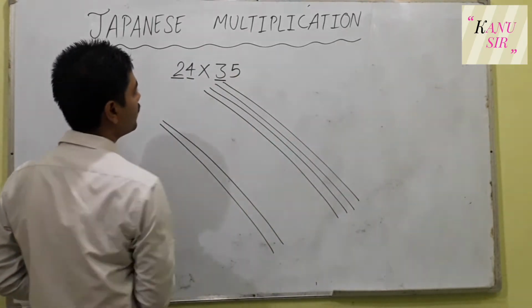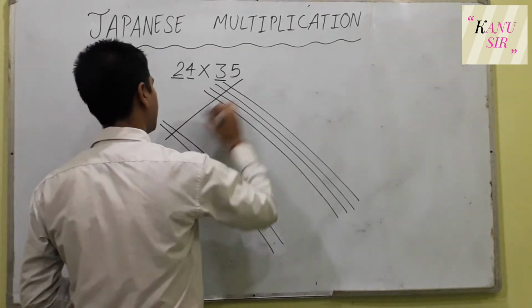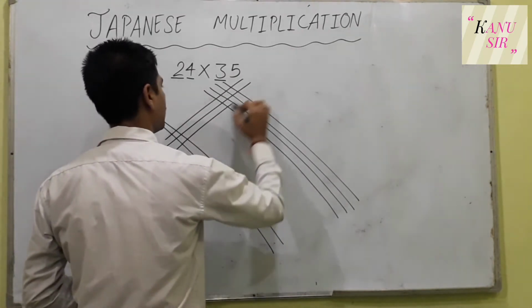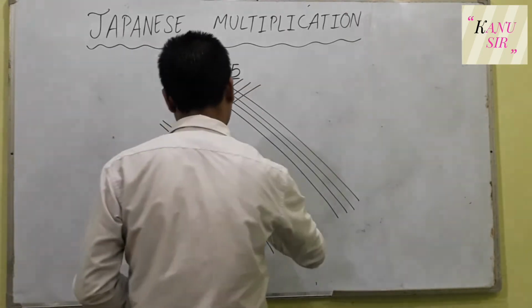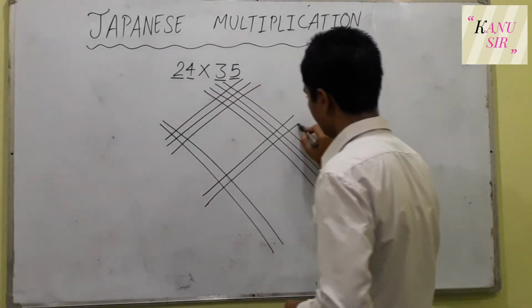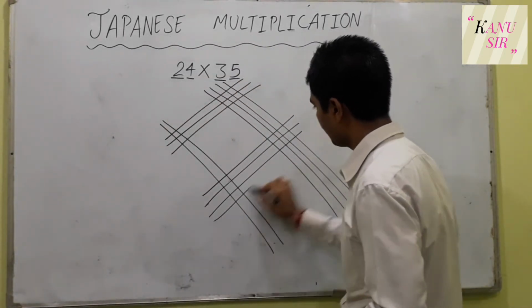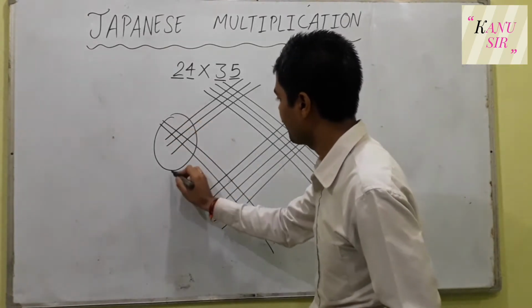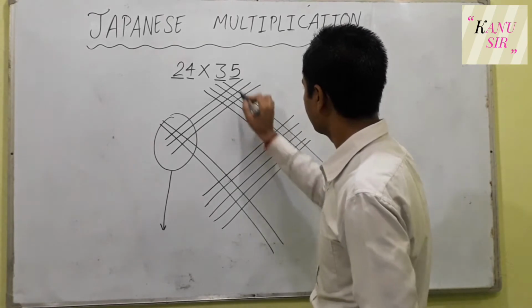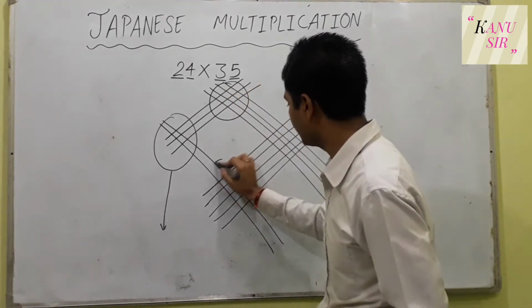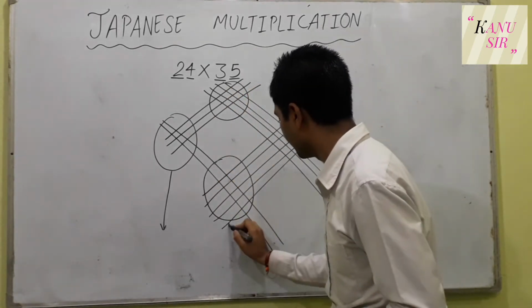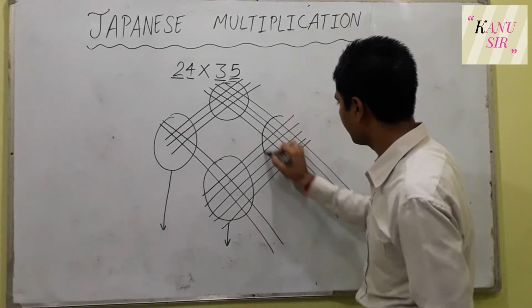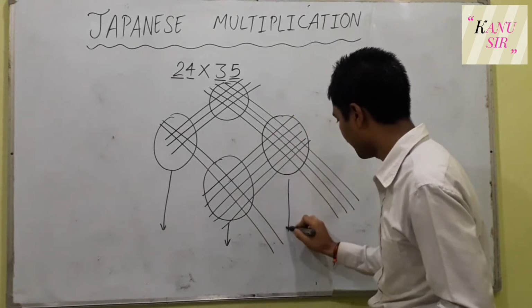Now another digit, 3 lines. Next digit 5, 5 lines. And this is one section. These sections together will be called a single section, and the last section.